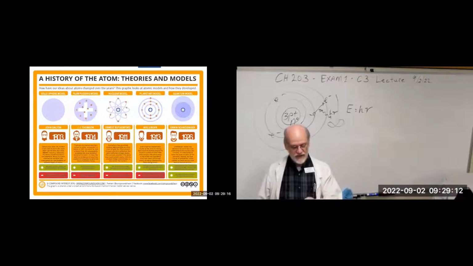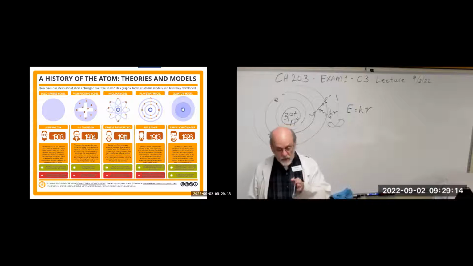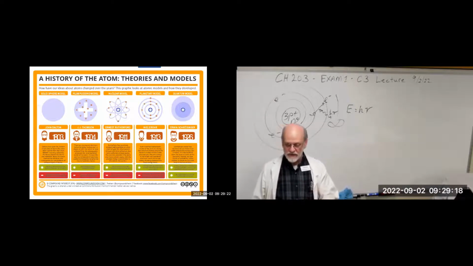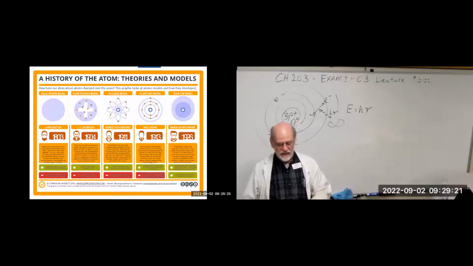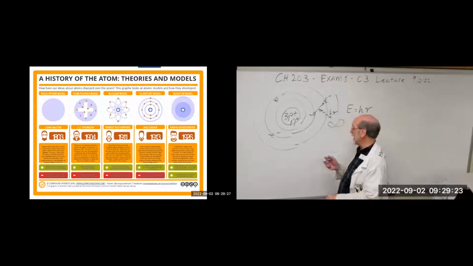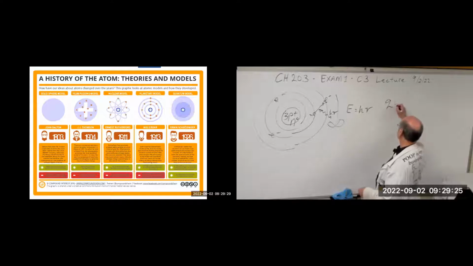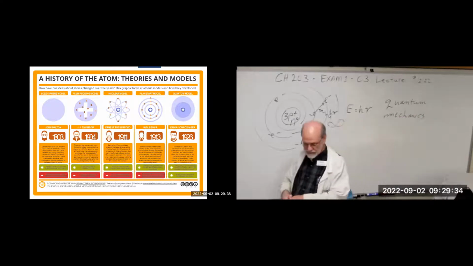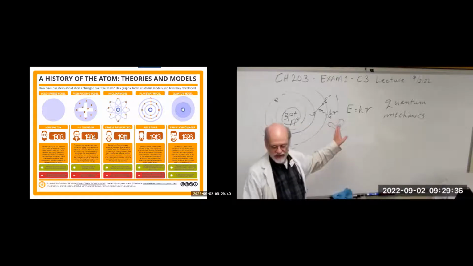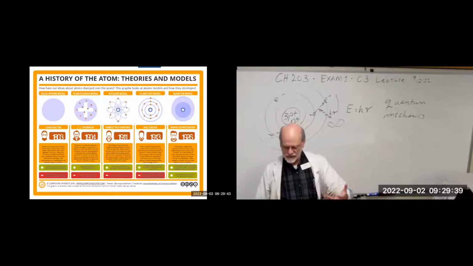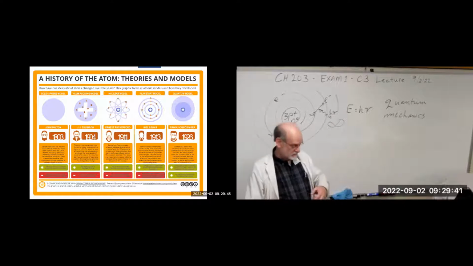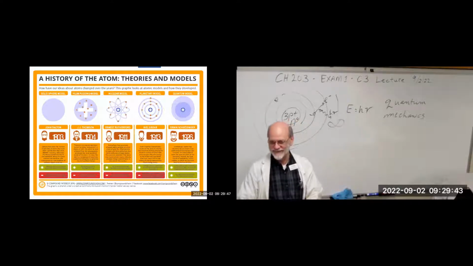So electrons have a wave character, and Schrodinger used that information and his mathematical skills to develop this series of equations that eventually became quantum mechanics. Now, you're not going to have to manipulate any equations. For one reason, I can't do it either.